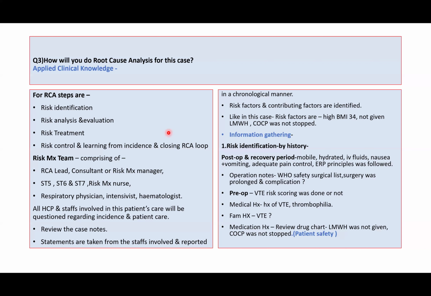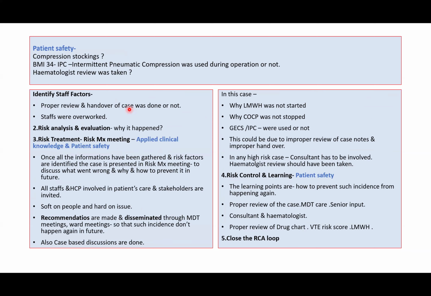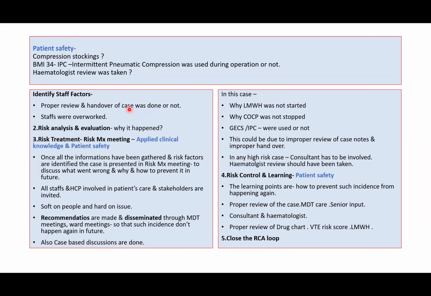Okay, then now how will you do the root cause? Okay, further management I did not discuss, isn't it? So we have to discuss the further management also. So if we will discuss the further management, then this will be, wait. Just a minute.